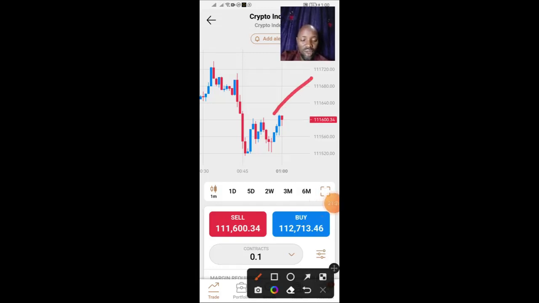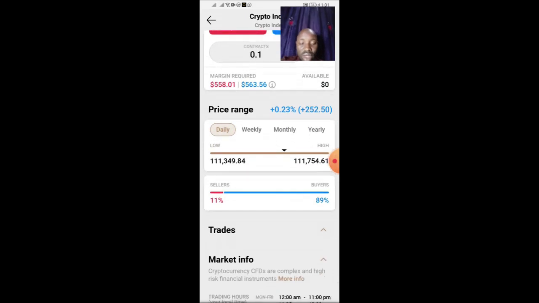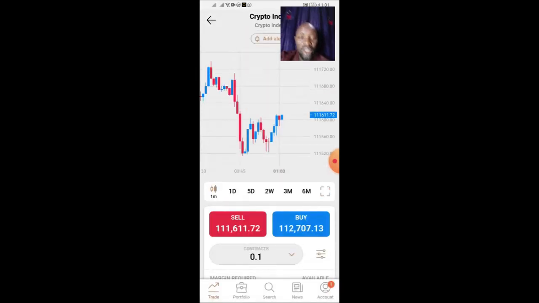You want to monitor the chart, see what is going on. You have a buy and sell button. This is sell button and this is buy button. You see, these are where you select your pips. Yeah, this is where you select your pips, and there is also a place where you get out of the market, a button that indicates when you are stopping or when you are going in to the market.